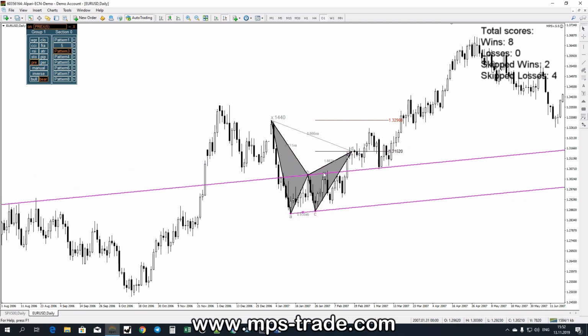Okay, we had a rejection here, and then we moved all the way to hit target. And as I told you guys, one of my rules is to measure this distance, how far we moved towards our take profit. So if we move half of the channel, then we place our stop loss above this rejection.